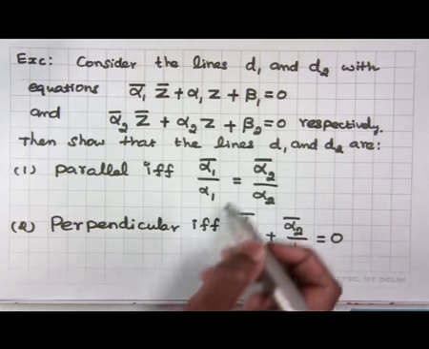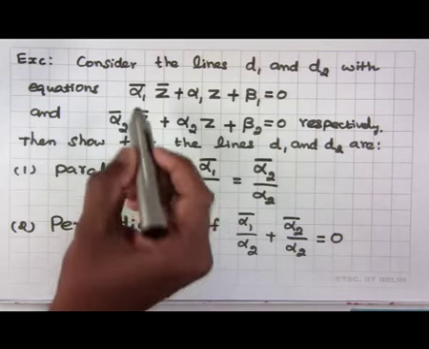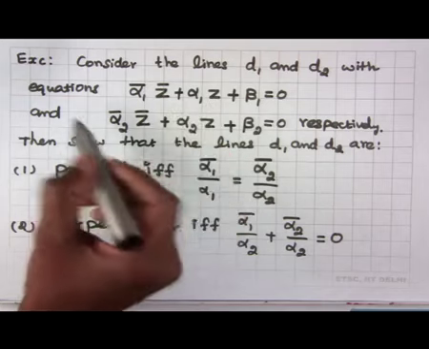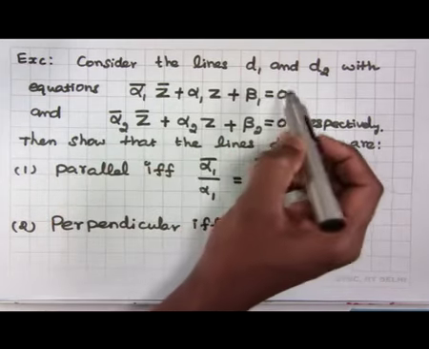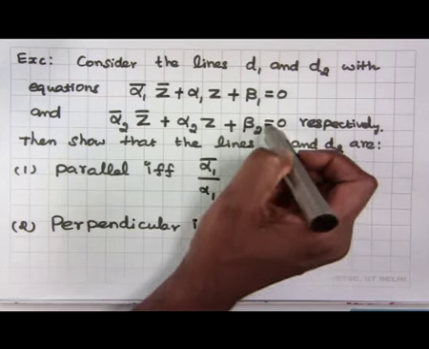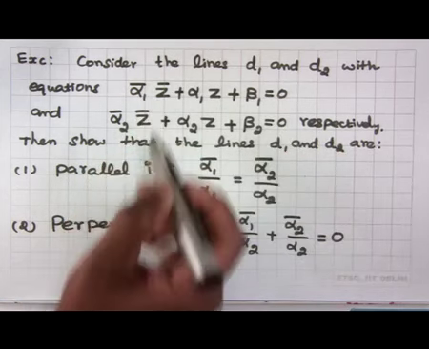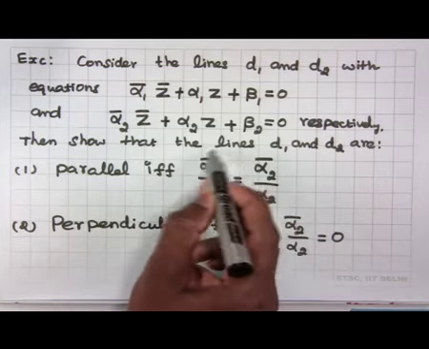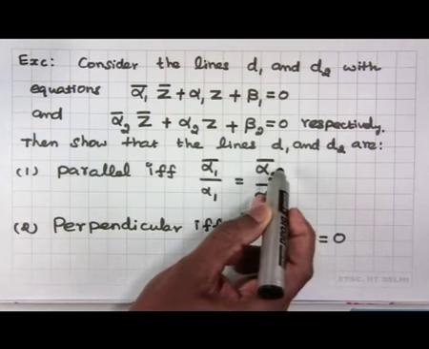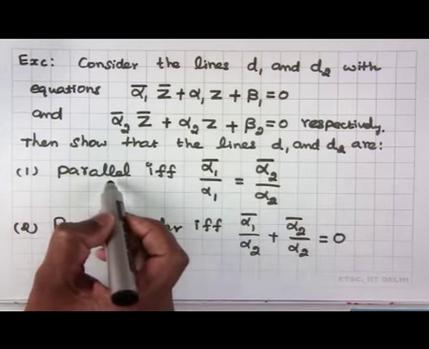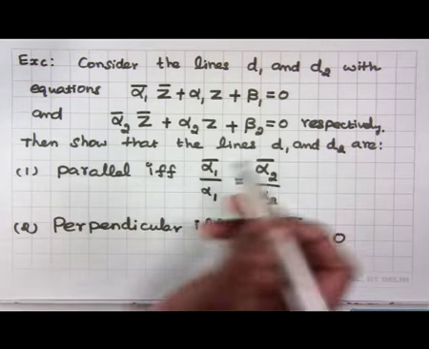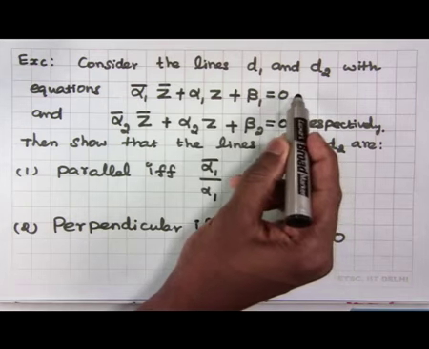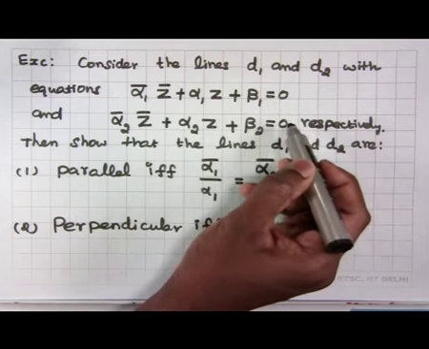This can be done by studying the corresponding coefficients of the straight lines. Let me give it as an exercise: we are given two straight lines. These two lines are parallel if and only if they satisfy this equation. If you recall, in the Cartesian coordinate system, you take the slopes of two lines, m1 for line 1 and m2 for line 2.